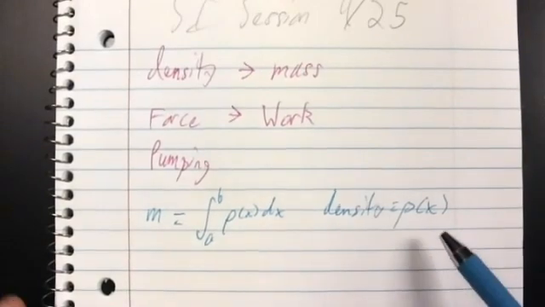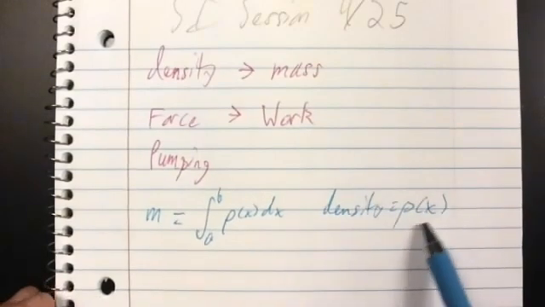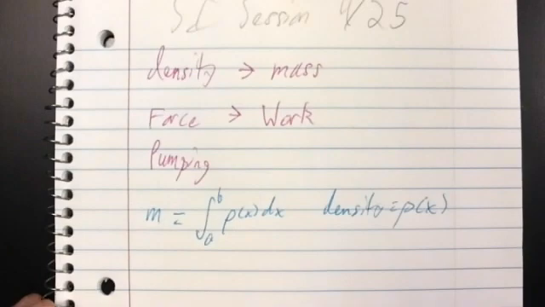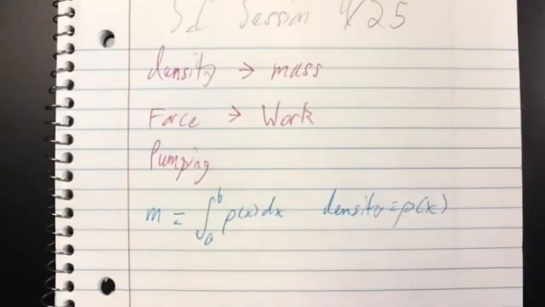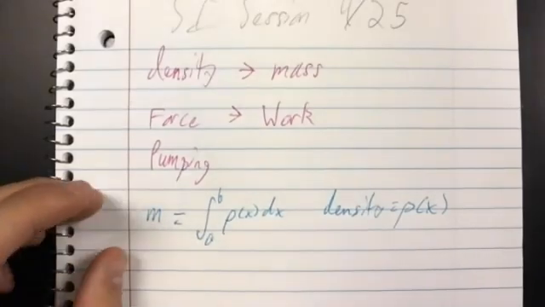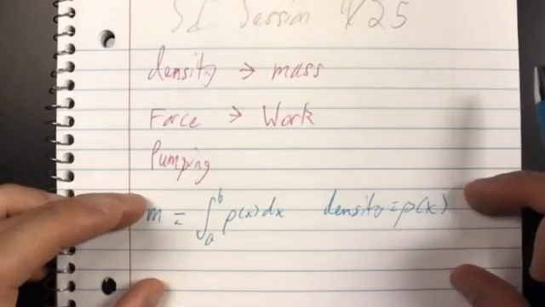Basically what this is saying is when we're talking about density as a function, rather than a very constant, uniform object where the density is the same everywhere in the object, we're trying to say that it changes as you move throughout it. So say we have some object that starts as a rock, and then as you move along it, it gets to be like a marshmallow.